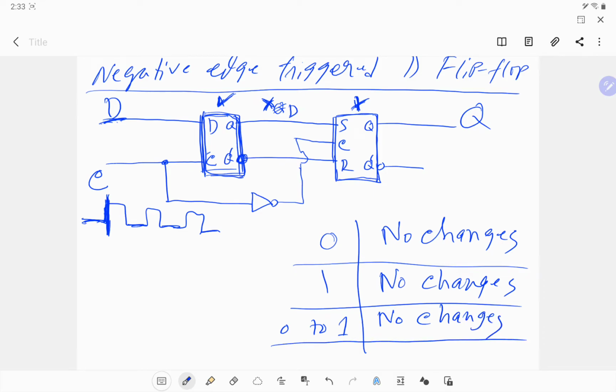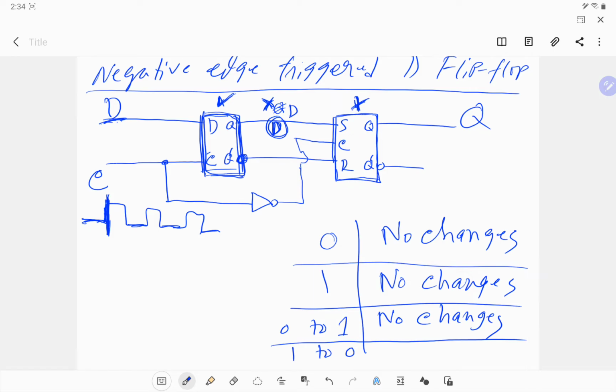Now for the other case, when the clock pulse goes from 1 to 0, what happens? The control input is 1, the first latch is triggered, so data goes to the output of the first latch, so we get D at the output of the first latch.